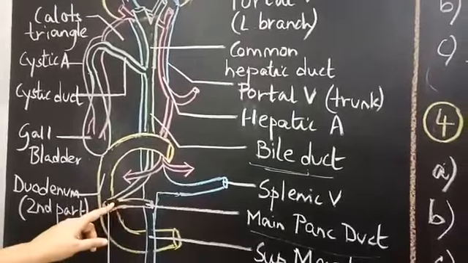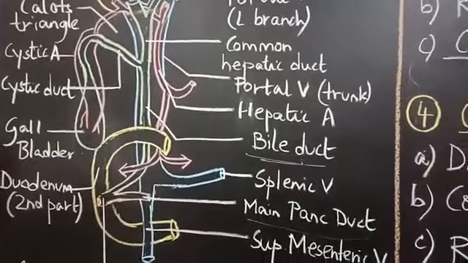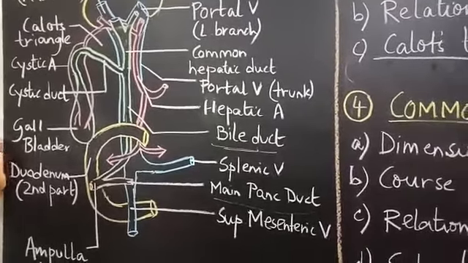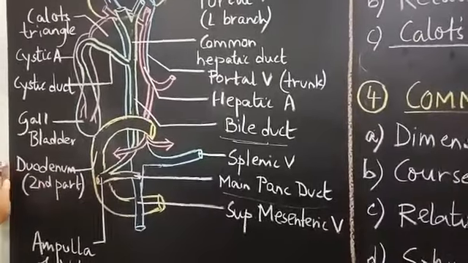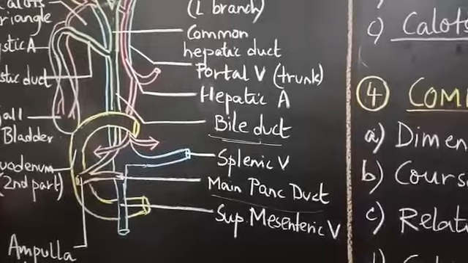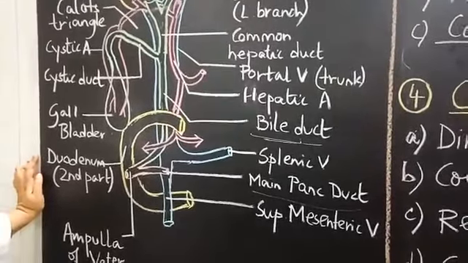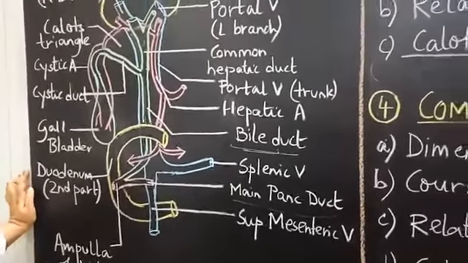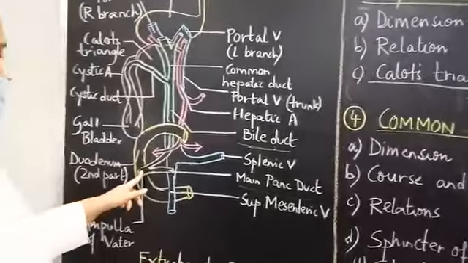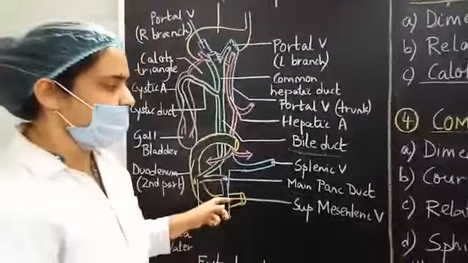The length of the intraduodenal part is about 2 centimeter, and this ampulla is about 5 millimeter. And if you see the interior of the second part of duodenum, you will see a longitudinal fold which is extending upwards from this major duodenal papilla.